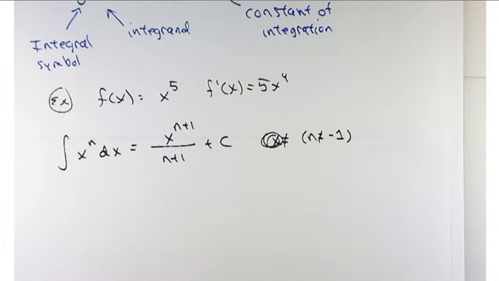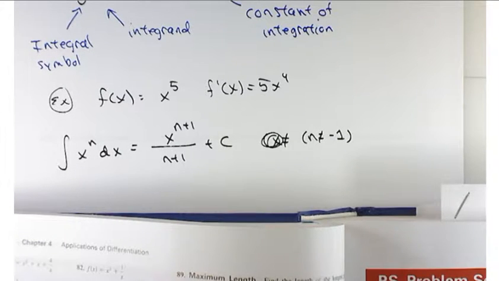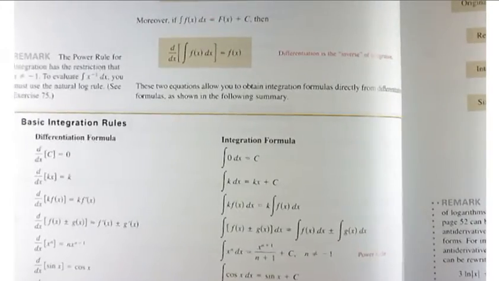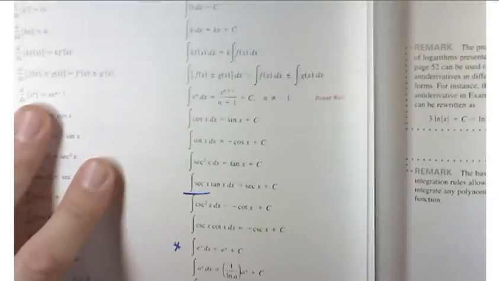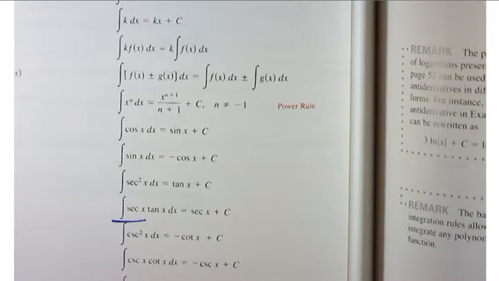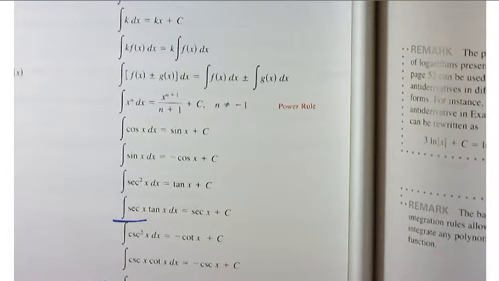Now, there's a whole bunch of rules that help you out with integration. They're on page 282. You might want to keep your book open to those. Good question. Do you have to memorize all of them? Well, I don't know.